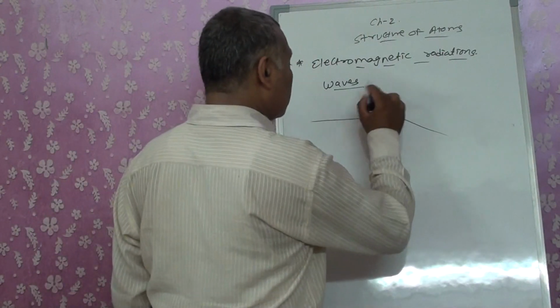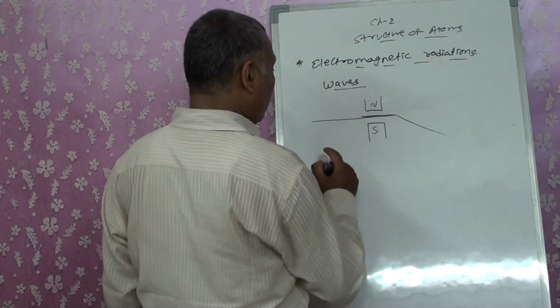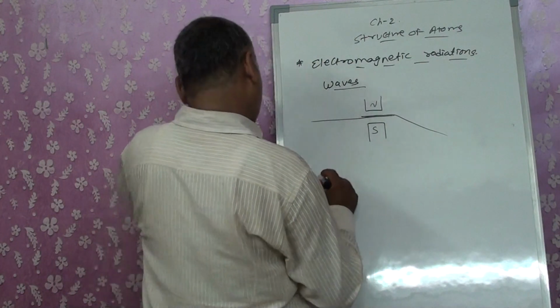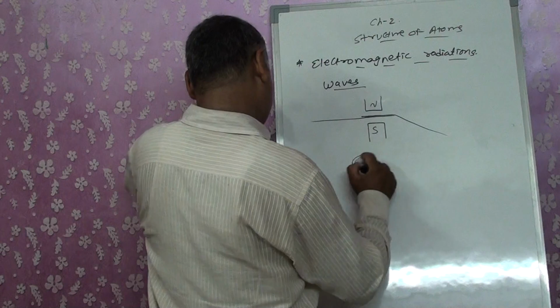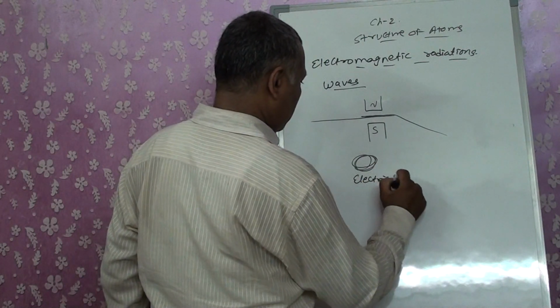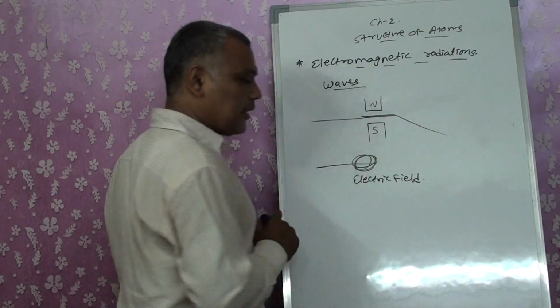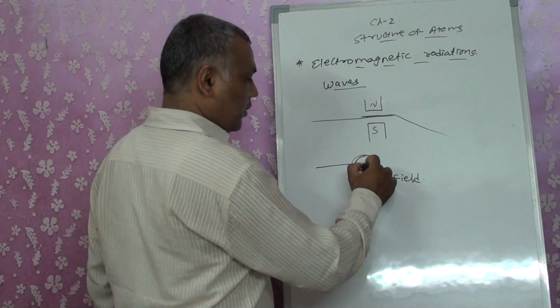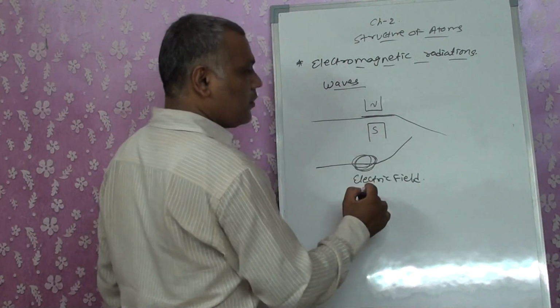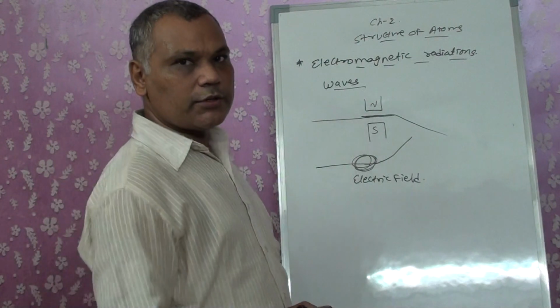In place of this, if I put an electric field and these rays are allowed to pass through it, they don't divert in the same direction. They divert into the opposite direction.